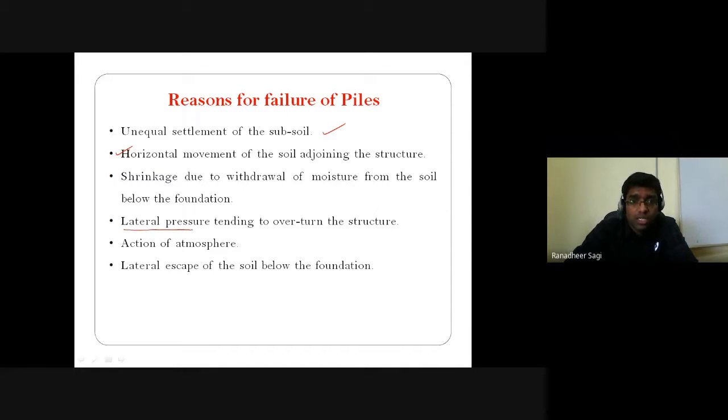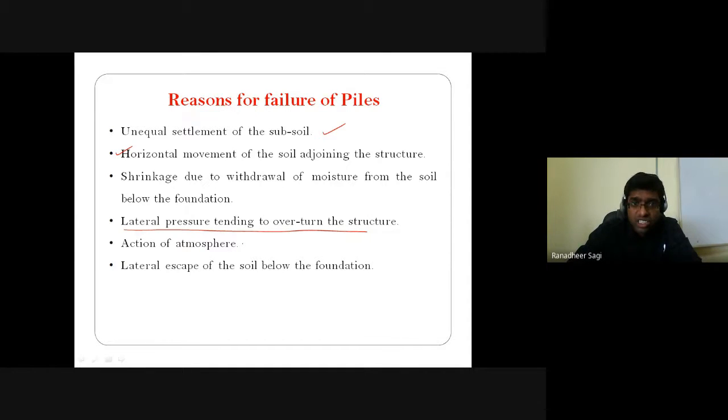Whenever there is lateral pressure tending to overturn the structure, whenever the lateral load comes from the adjacent soil or adjacent structure onto the pile, there are chances that if the piles are not properly designed, you will see an overturning effect in the superstructure, resulting in failure of the foundation.